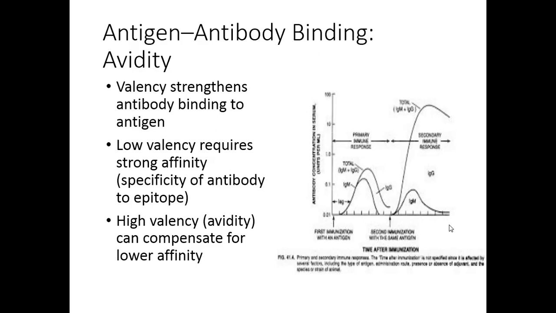And so if we look at this representation of first exposure to an antigen and second, it makes sense. What we're seeing now in the impact of both affinity and avidity in those bindings makes a little bit more sense. So let's take a look.